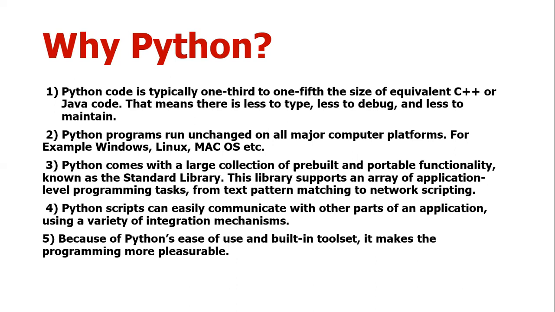These libraries support different types of applications, from application level programming tasks, from text pattern matching to network scripting. Anyway, we shall see in the further sessions. As our journey continues, we will cover all these topics. We shall see different types of libraries of Python and other functions and lots of things in the coming days, guys.